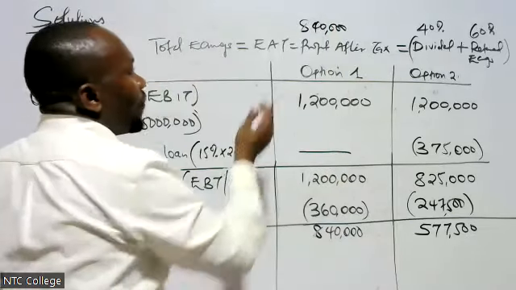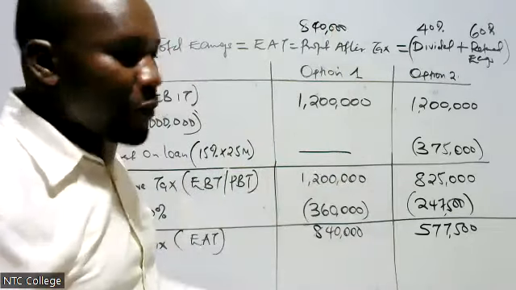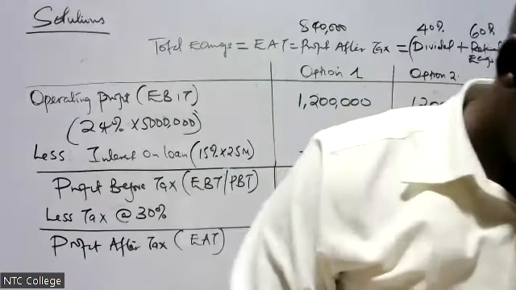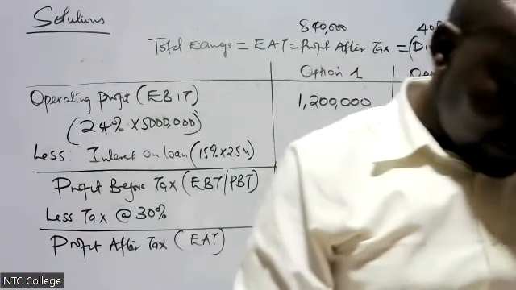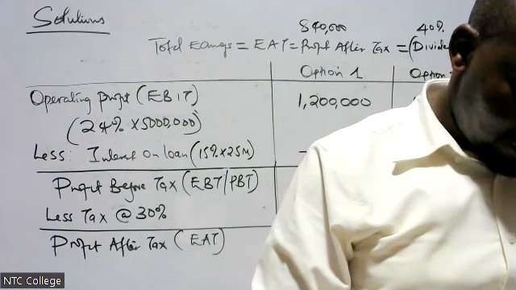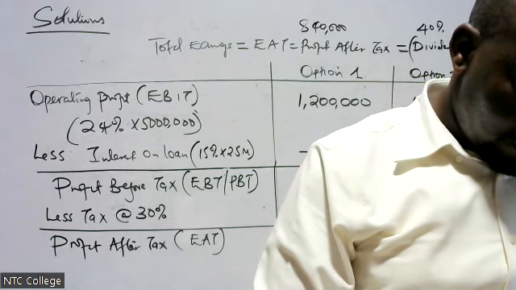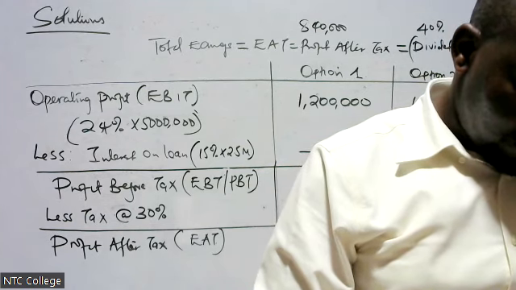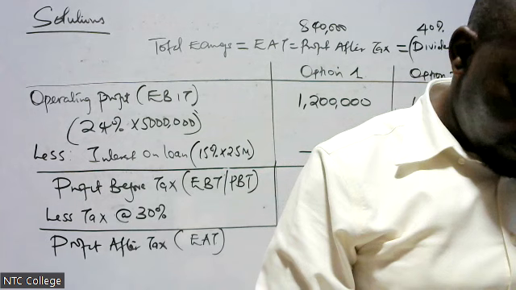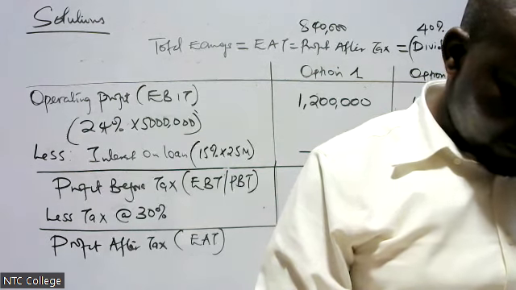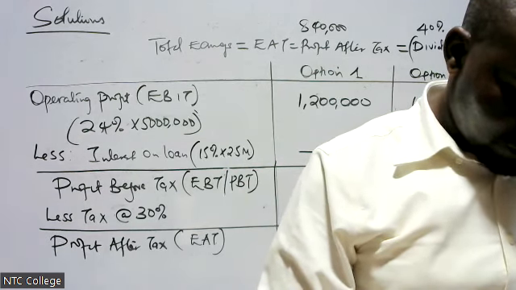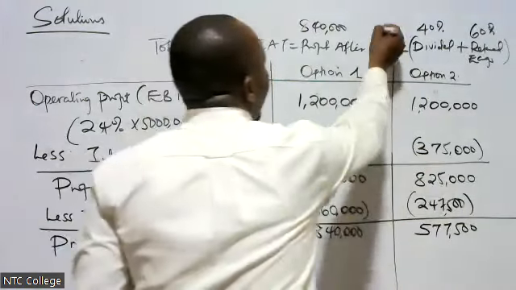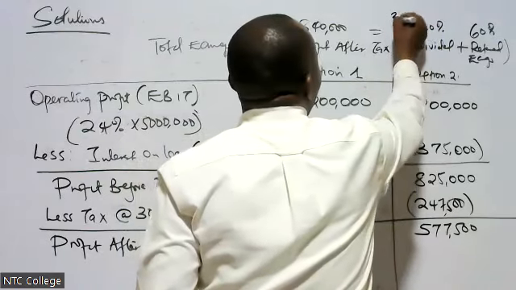Then 40% of this, calculate for me 40% of this so that we know how much is paid as dividend. 336, right? So dividend will be 40% of this, which is 336.